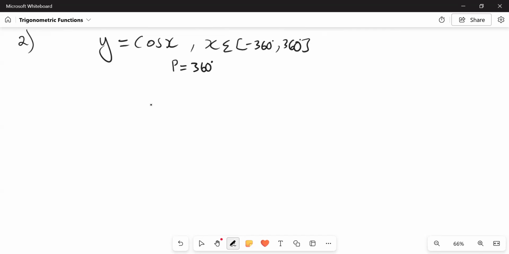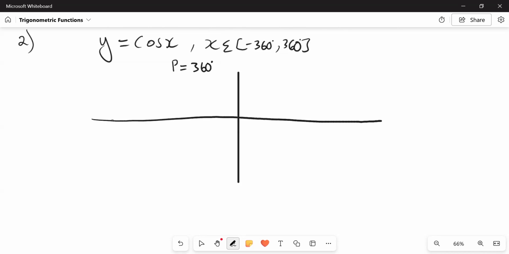Now we have to draw the graph. So we need to have the Cartesian plane. That's the first thing. Let's have our Cartesian plane. This is your 0. Start with 90, 180, 270, 360 degrees, x and y.